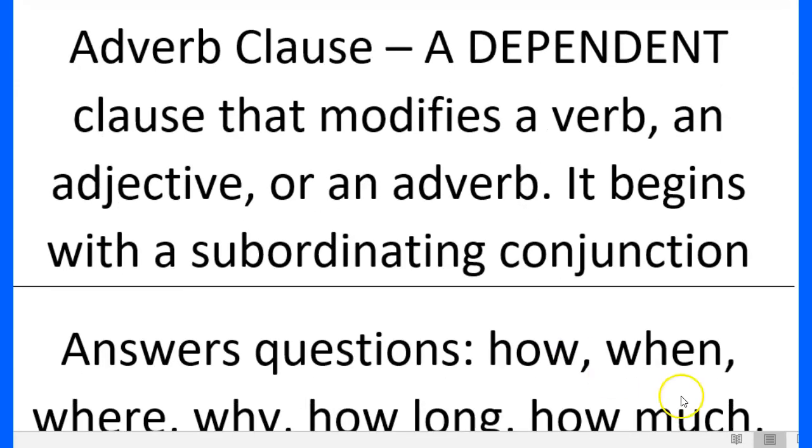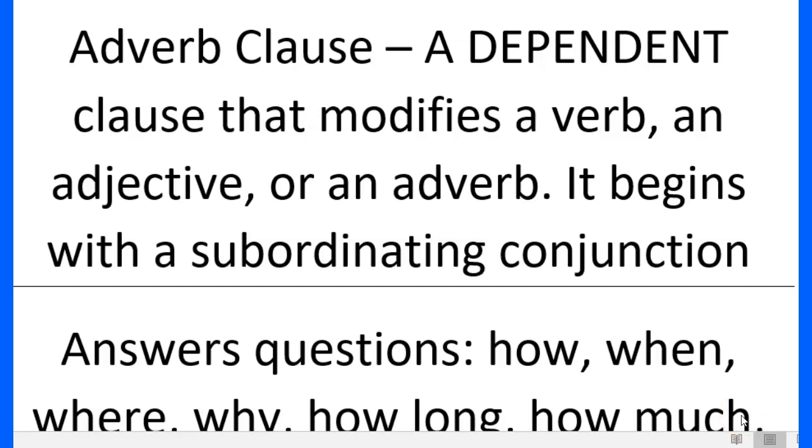So we're going to go down here and we're going to talk about what kind of clause you're going to find as an adverb clause. And that is going to be a dependent clause. It's going to modify a verb, an adjective, or an adverb, and it's going to begin with a subordinating conjunction.